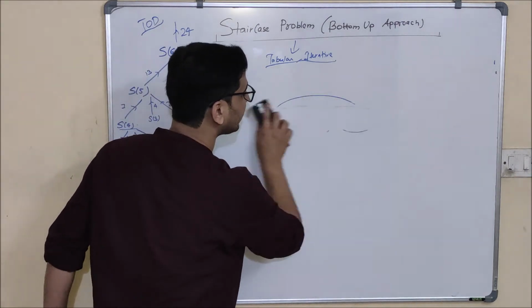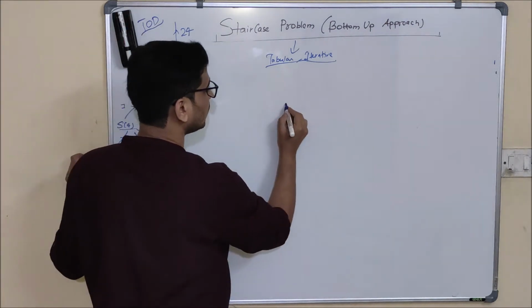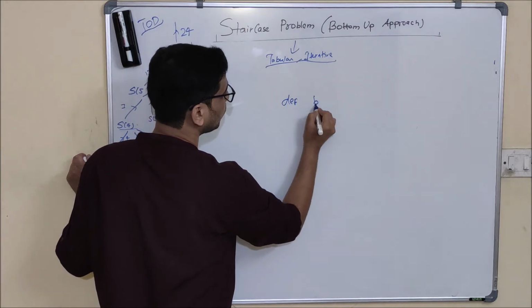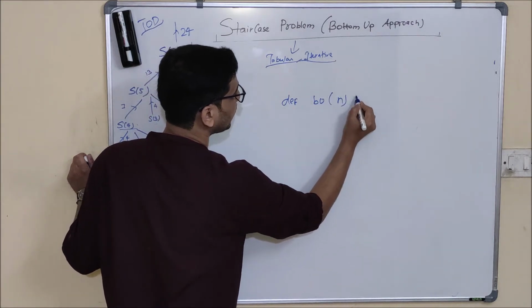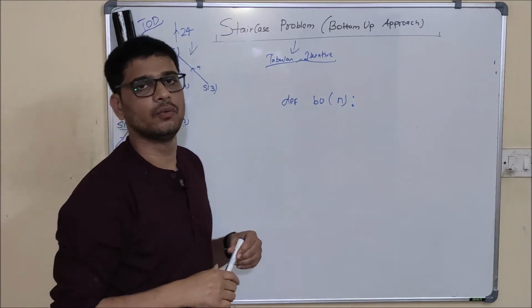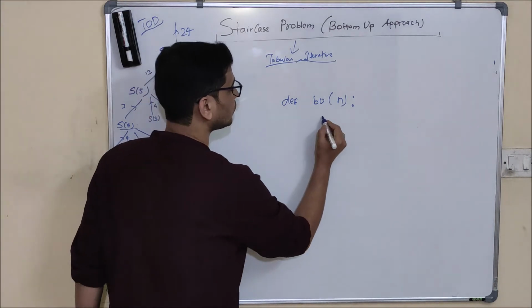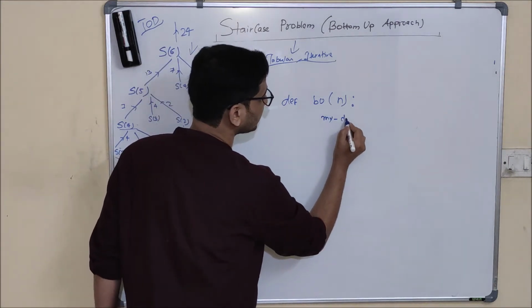Now let's write a function to do this for us. Def bottom up, and it will take a parameter n, which will be how many stairs we need to climb to reach the top. So first of all I will declare my data structure.